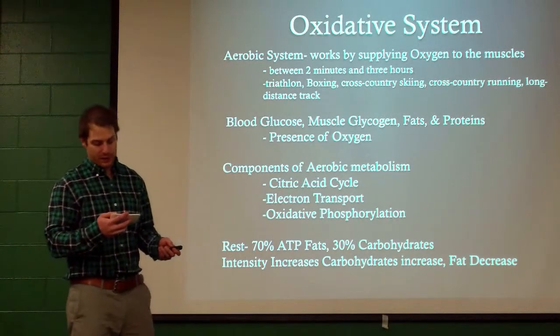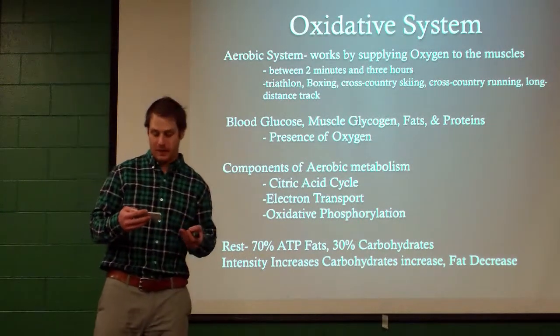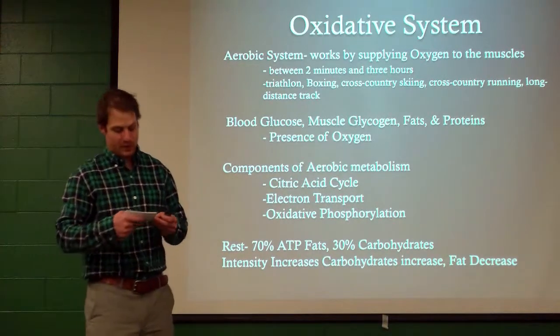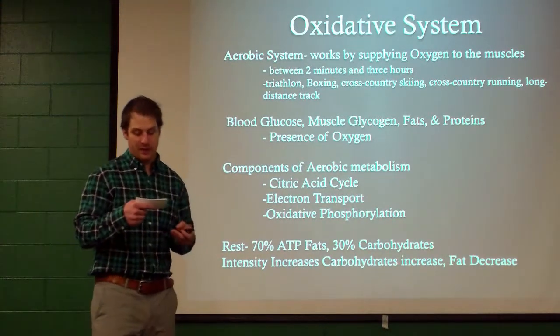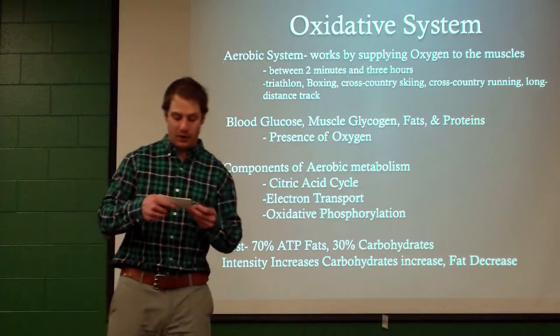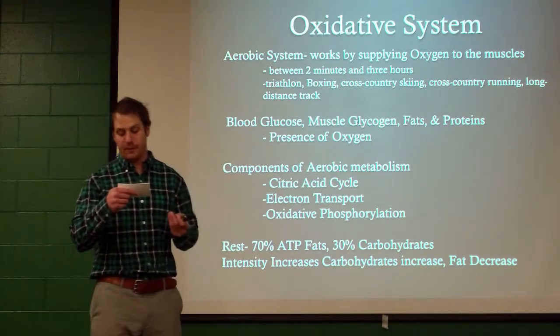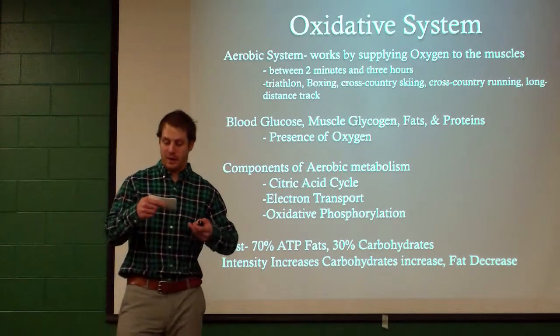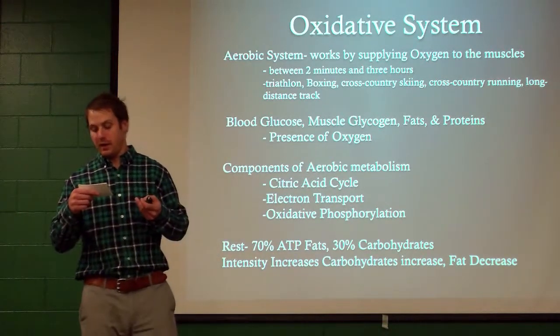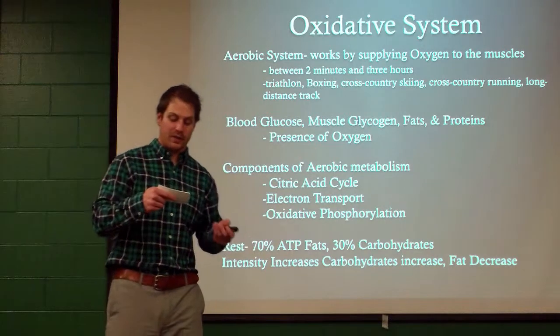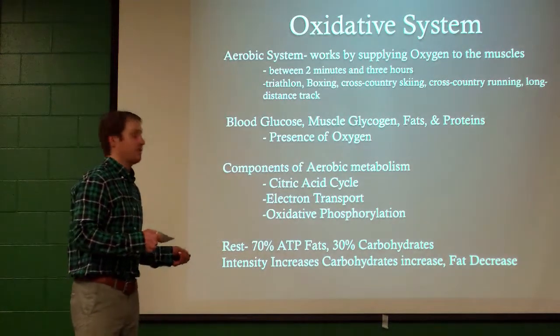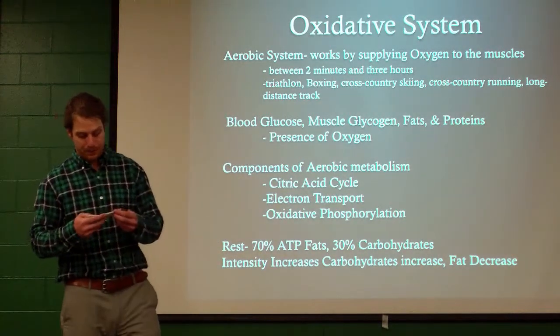It converts through deamination, which removes the nitrogen from the amino acid molecule, and that then converts to pyruvate, or to acetyl-CoA, or is accepted right into the citric acid cycle.